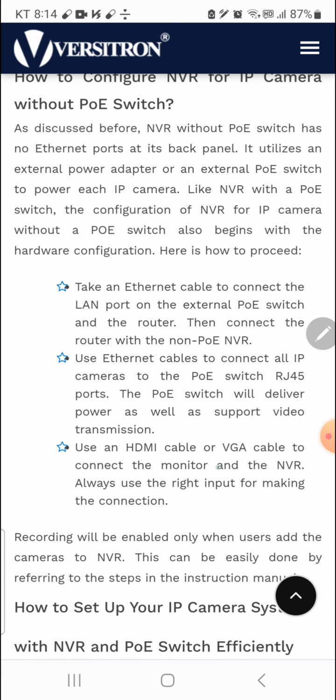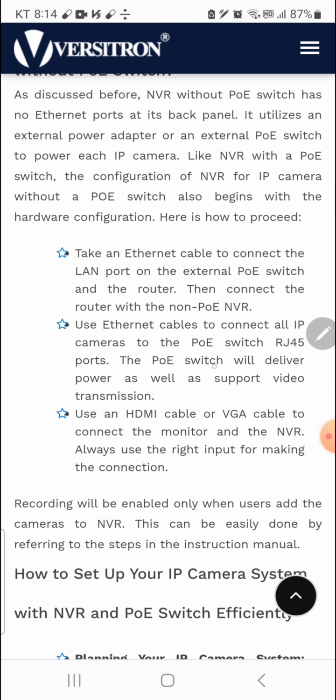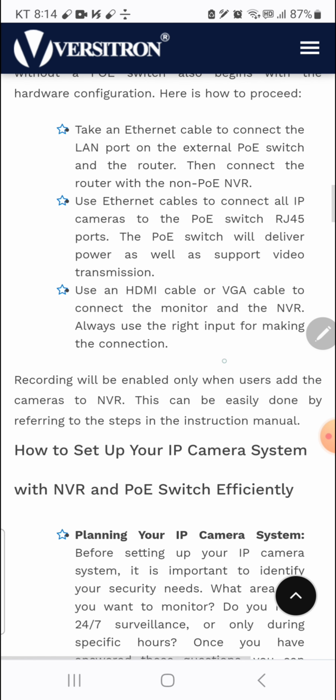Take an Ethernet cable to connect the LAN port on the external PoE switch and the router. Then connect the router with a non-PoE NVR. Use Ethernet cables to connect all IP cameras to the PoE switch RJ45 ports. The PoE switch will deliver power as well as support video transmission.